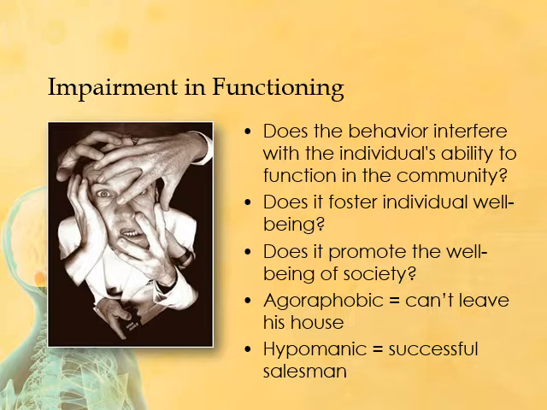There's also this ability to function in the community. We look at how engaged the person is. If a person is unable to be in social circles, unable to go out and do what they need to do, and to also contribute to society, in addition to looking after their individual well-being, we are concerned about that. For example, someone with agoraphobia may feel like they cannot leave their house and do not leave their house, and may be housebound for months at a time.